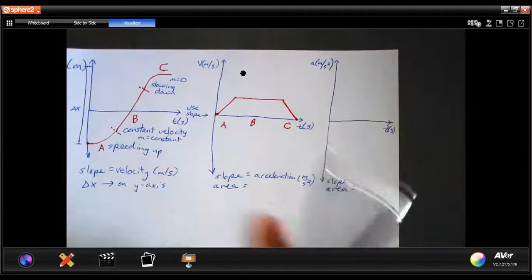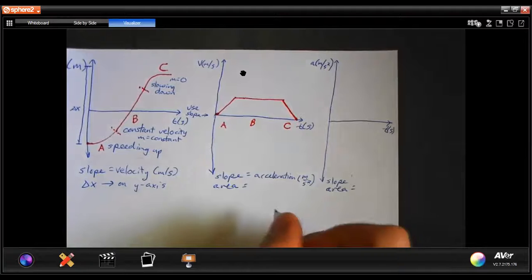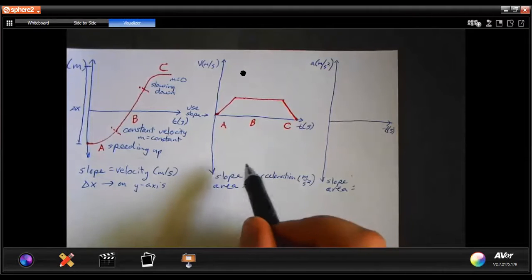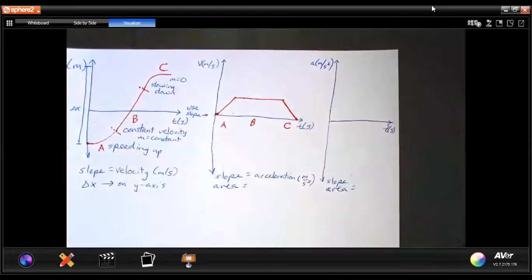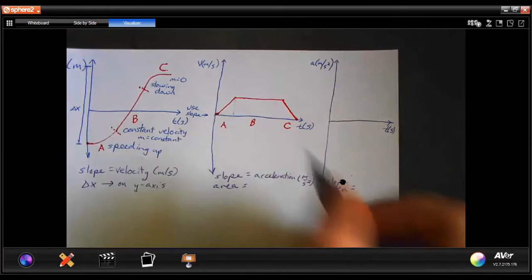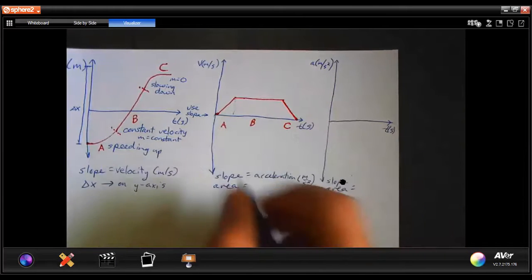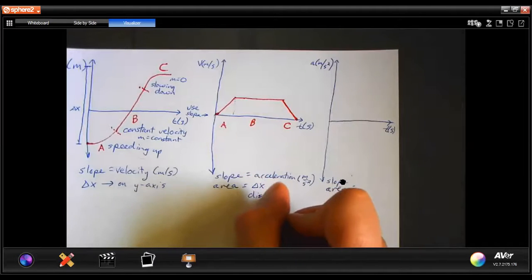And then something that if you finished up the lab, you may have noticed, so I may be burying the lead here, but the area on this velocity time graph is going to be our delta x, or our displacement.